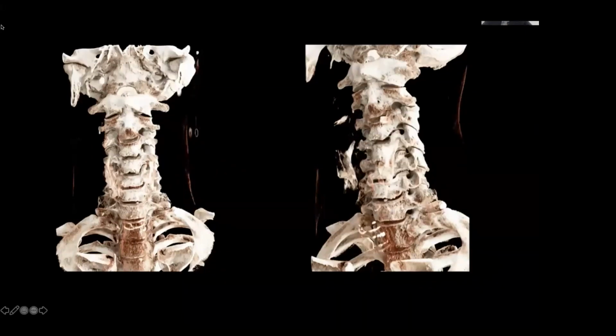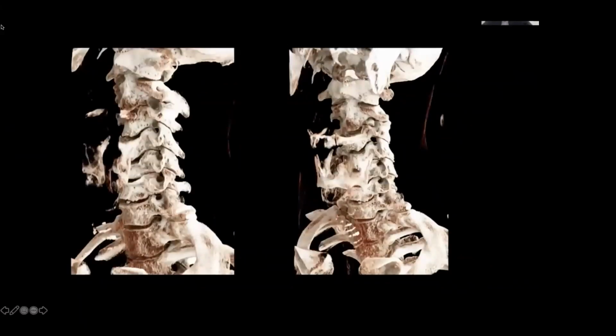But I think this really gives you a good sense of what the uncovertebral joints actually look like, and why having them hypertrophied may actually contribute to the narrowing of those nerve roots. And how those uncovertebral joints really do relate to the vertebral body itself, and again the neural foramen, and of course the facet joints at the back, and how their hypertrophy may contribute to the narrowing of these nerve roots.